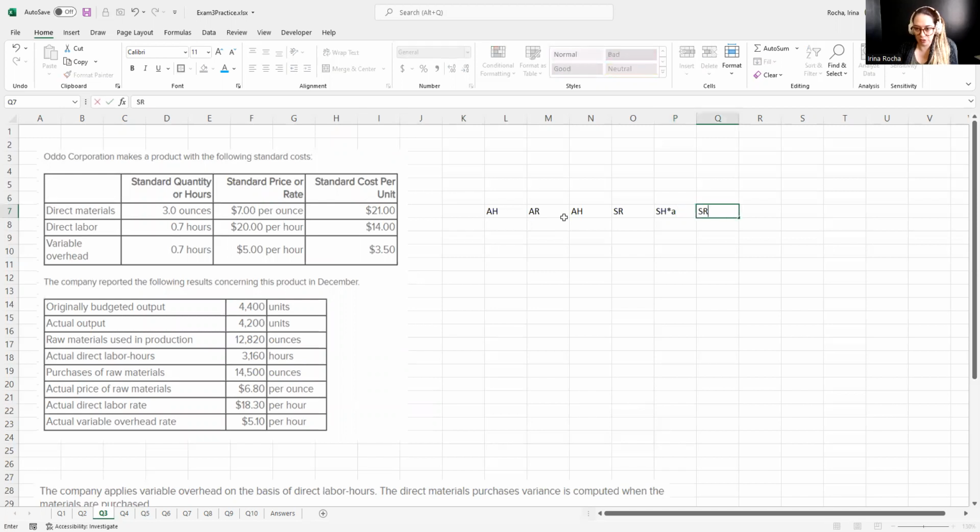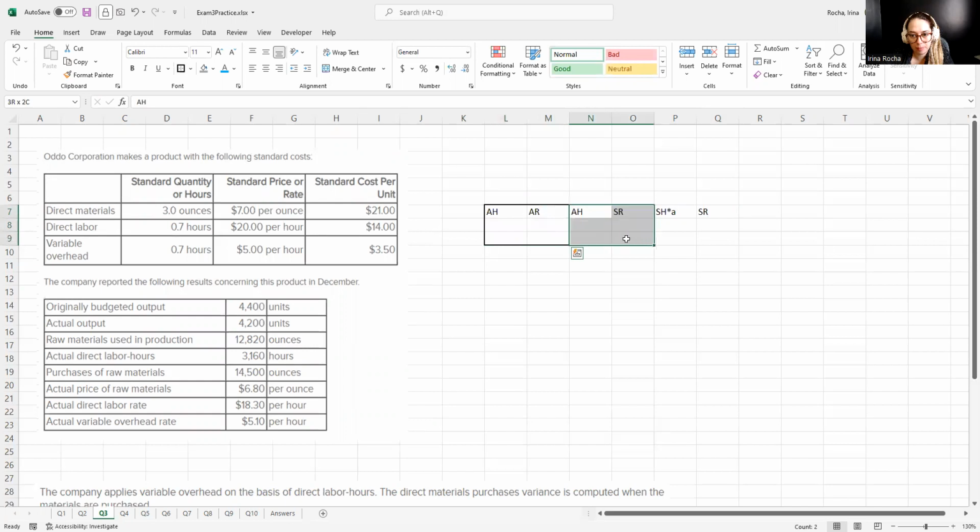And then we have standard rate. And then we just get the information that we have here first to get this. So for materials, it's quantity, price, and here it's hours and rate. Okay, so there we go. And this, let's just merge so it's better.